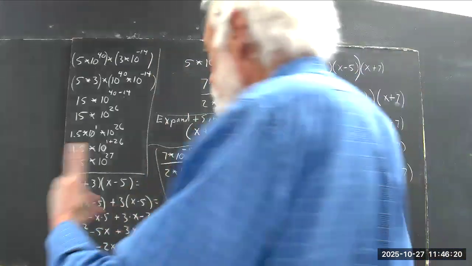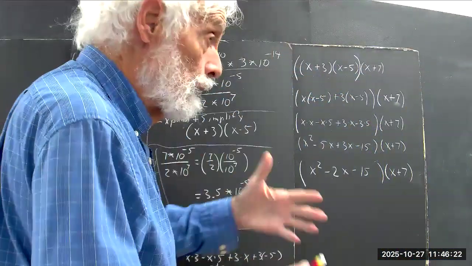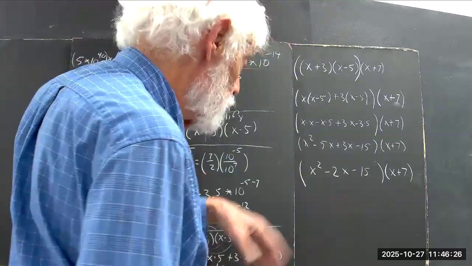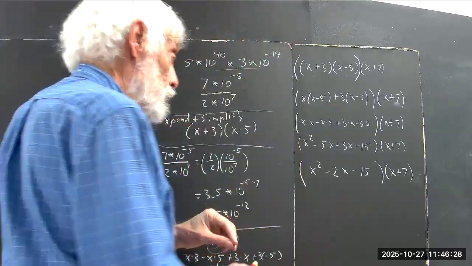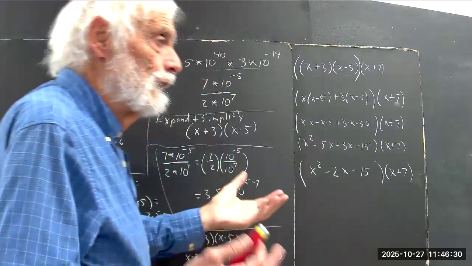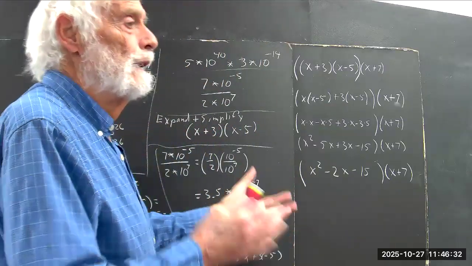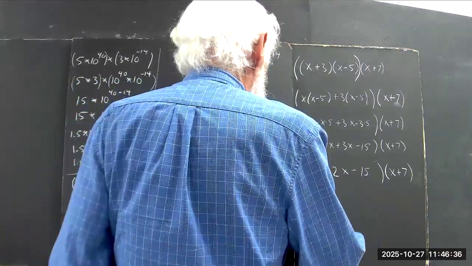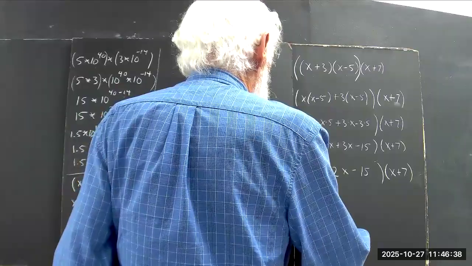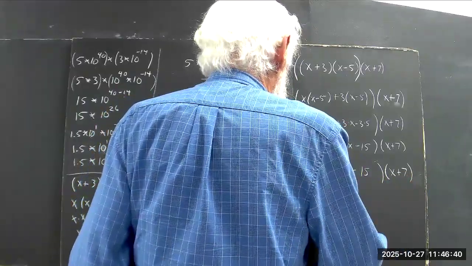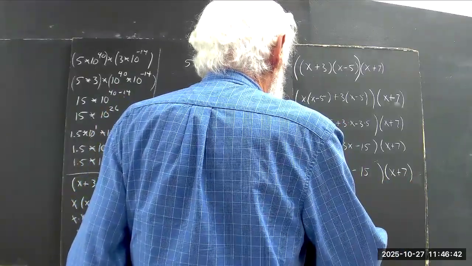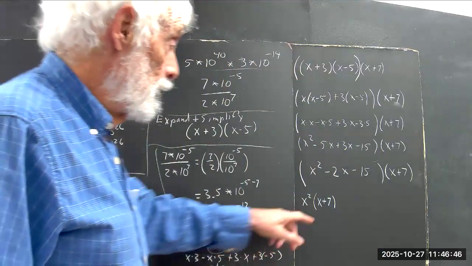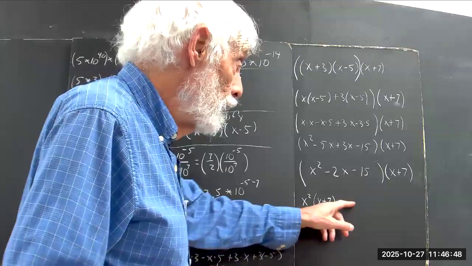Okay, now some of you have got the pattern very well, but some people have a little trouble getting started here, and I kind of expected that, okay? Usually in a class, about half of them will see the pattern and half of them will need a little hint. So I'm going to give you a little hint. The first thing you're going to do here, this x squared is multiplied by x plus 7. That's the first thing you're going to write out, okay? After you write that out, then what?